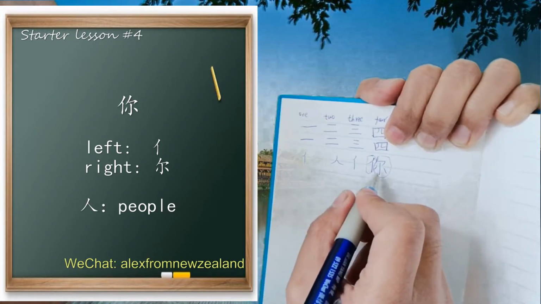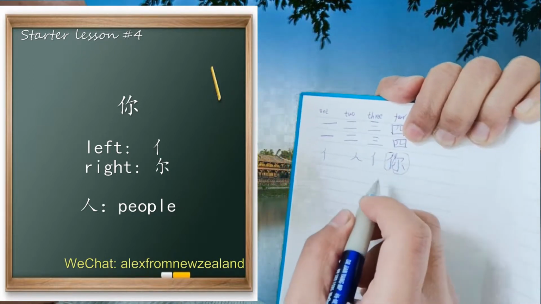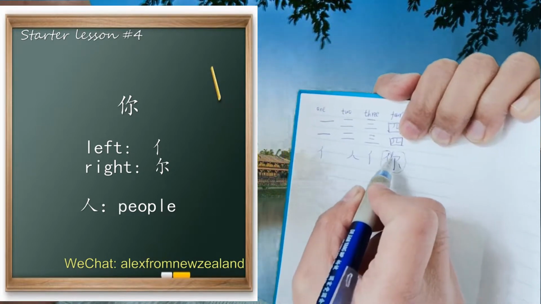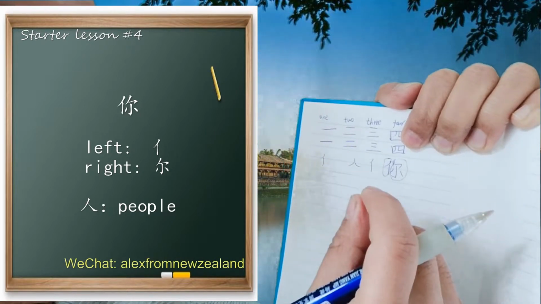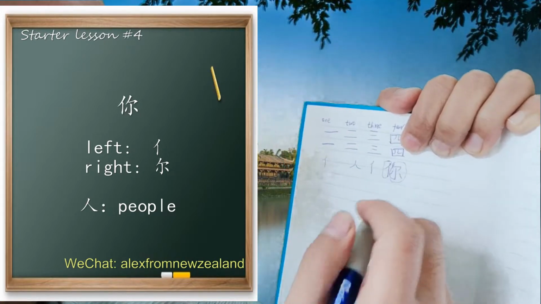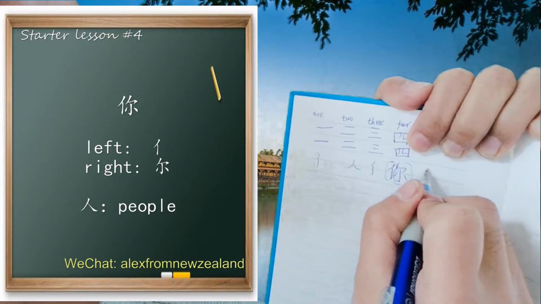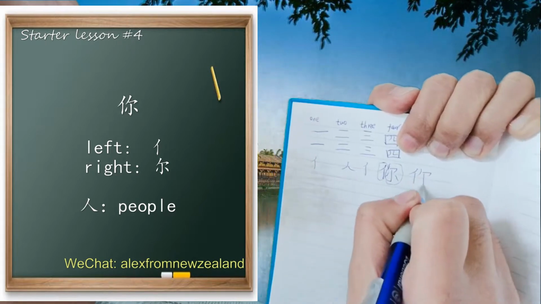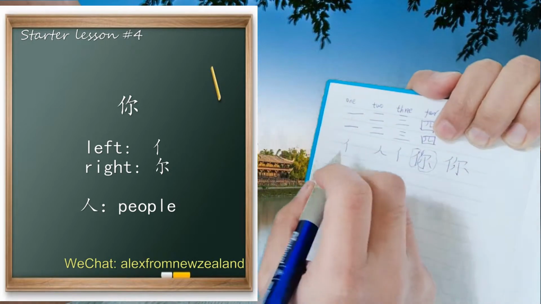The right component is another Chinese character called 儿. 人 component, 儿. These two pieced together, yeah, it's 你, you. Let me show you again. 1, 2, 3, 4, 5, 6, 7. Okay, 你.